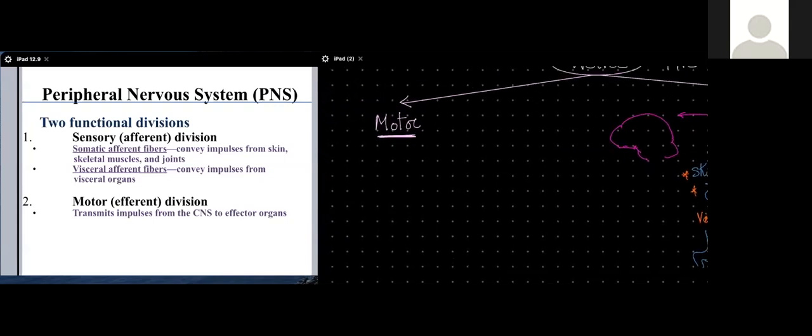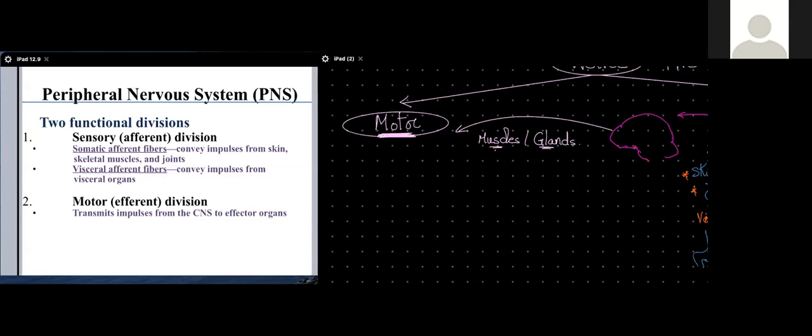Moving on to what if I'm conducting signals from the brain to the effector organ, to the muscles or glands. The nerves that would be responsible to conduct the signals from the central nervous system to the effector organs, to the muscles and glands, those are going to be forming my motor nervous system.